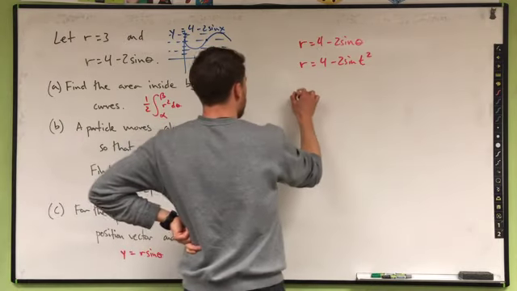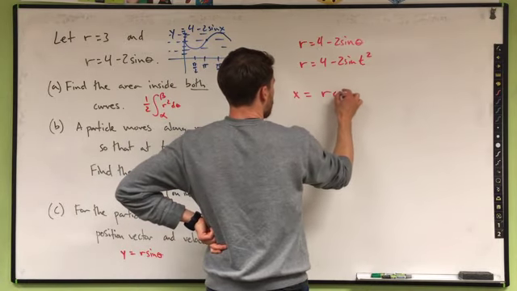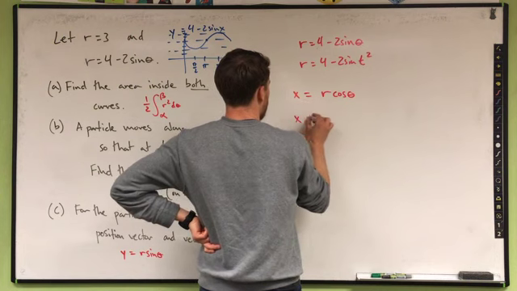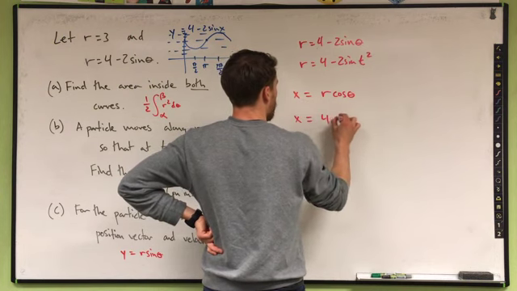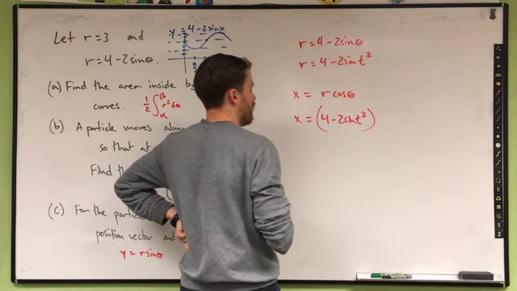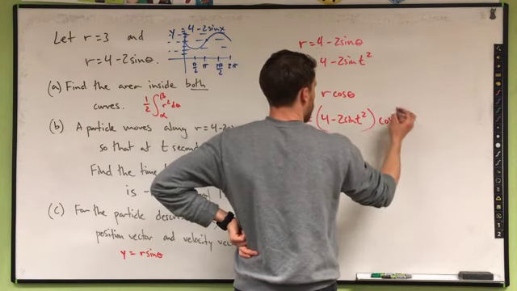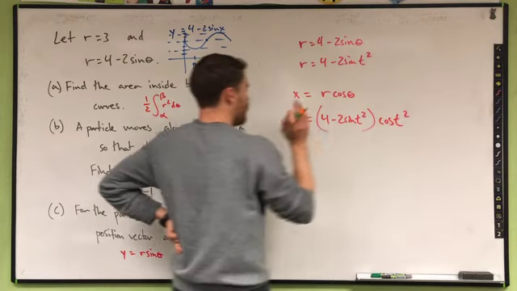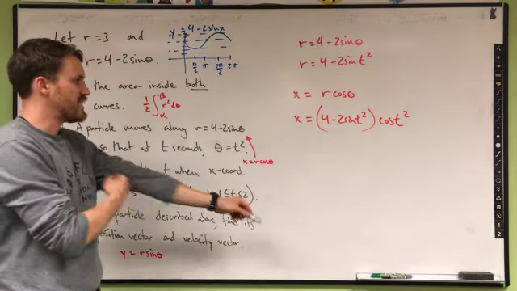And I know that x is always equal to r cosine theta, so then x must be (4 minus 2 sine t squared) times cosine t squared, right? That's r times cosine of theta, but theta is t squared. So that is my x-coordinate in terms of t.